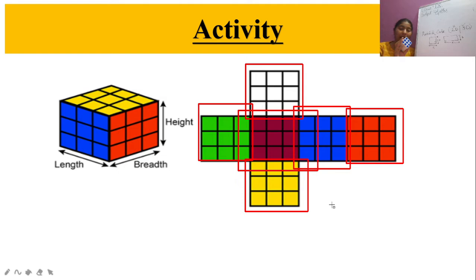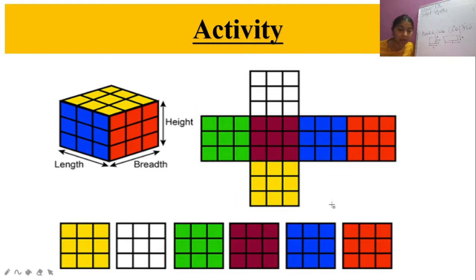So what will we find out? As you can see the 6 colors, but I will color it all black. So how much color is required to paint all of these, and how much cost will I have to afford? Okay, so we are going to discuss our today's topic.